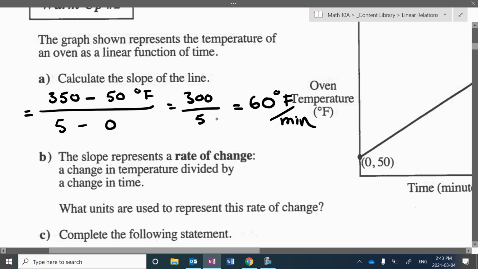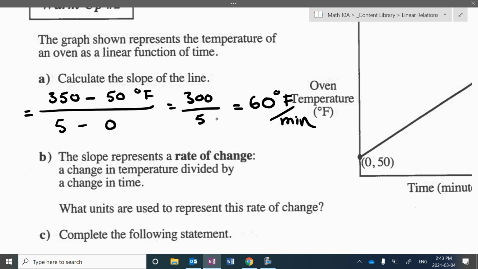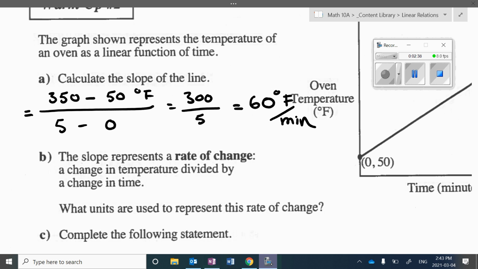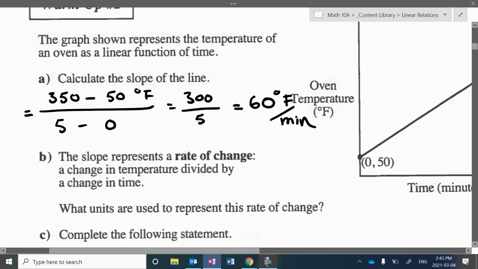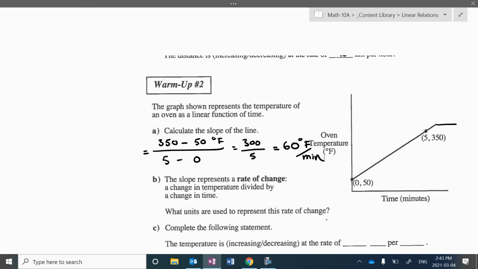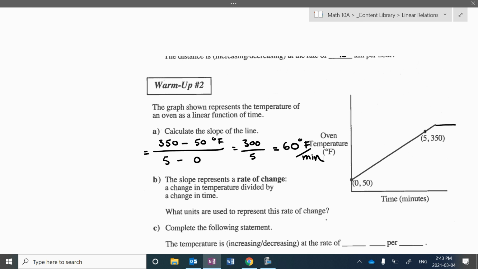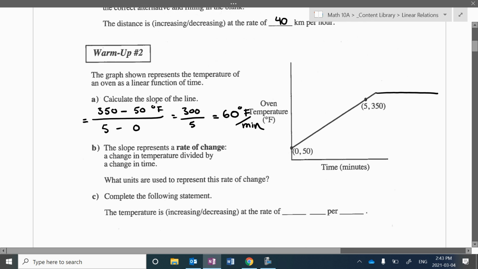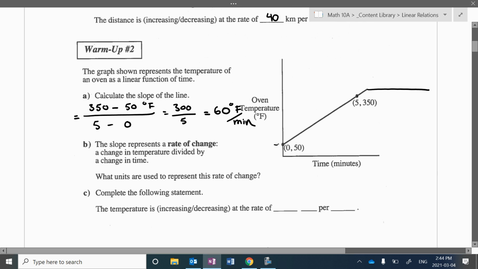Go ahead, Khalil. This might not be the most related question, might not be very specific, but is the reason why you can't just divide the coordinates by itself, the origin? So in this case, it starts partway up because there would be like ambient room temperature.